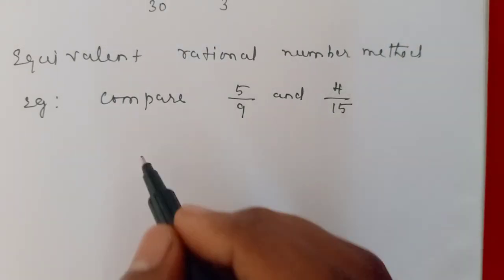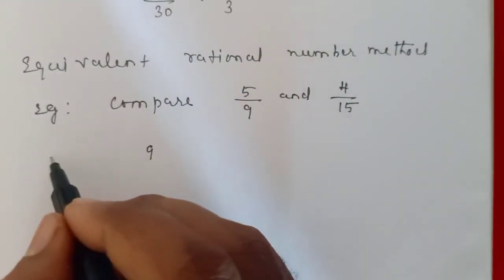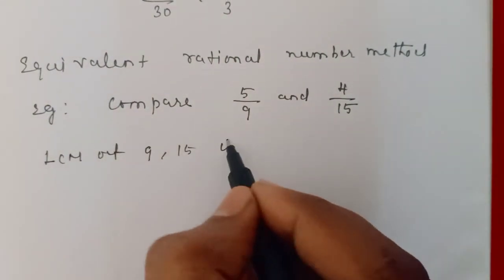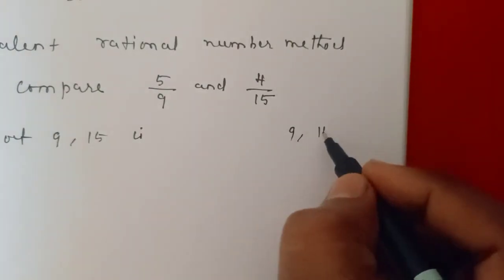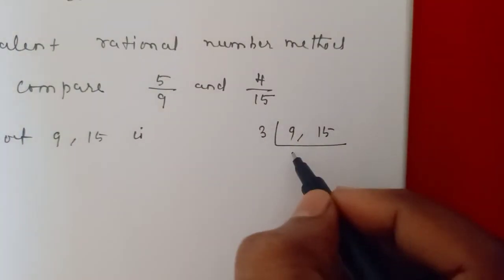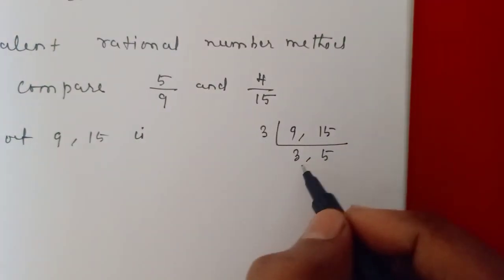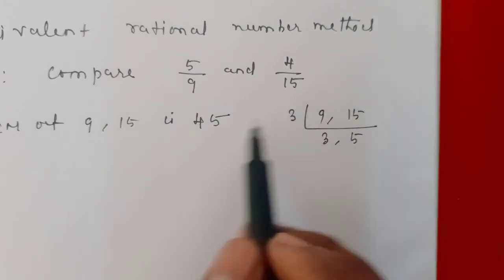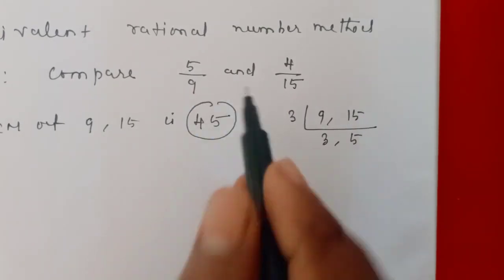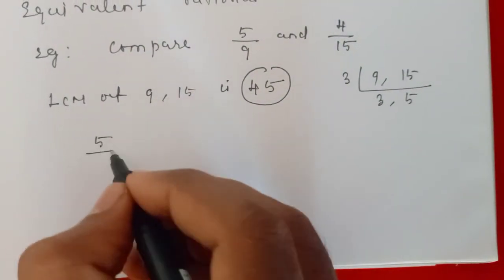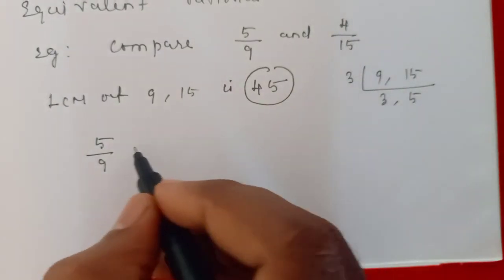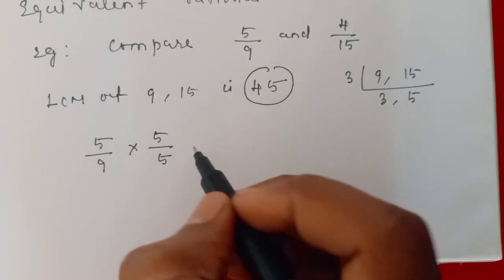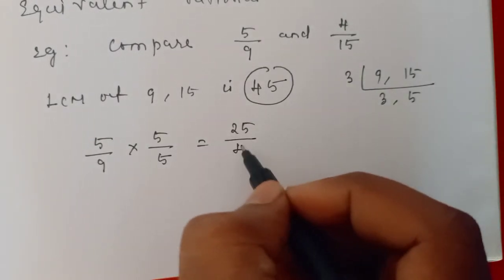First we take the LCM of 9 and 15. You know the LCM procedure: 9, 15, then 3, 5. So 3 threes are 9, 9 fives are 45. Our LCM is 45. Now I make 5 by 9 into an equivalent fraction with denominator 45. I multiply numerator and denominator by 5, so 25 by 45.